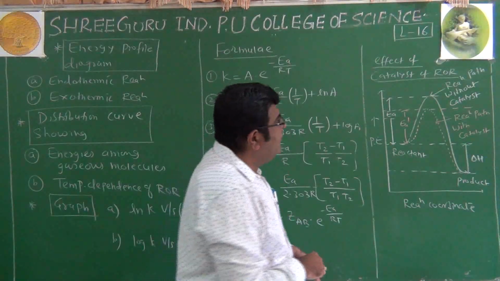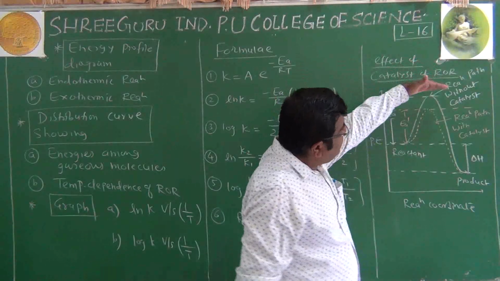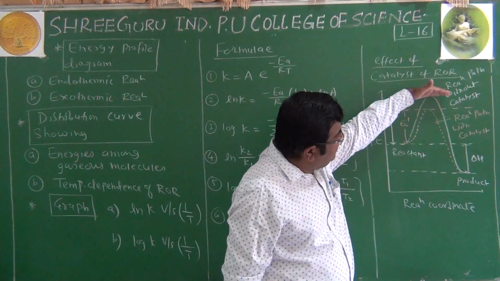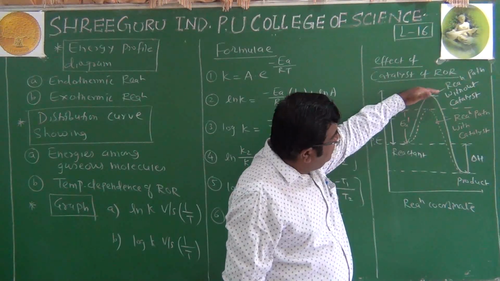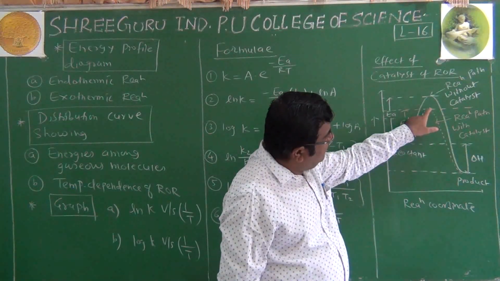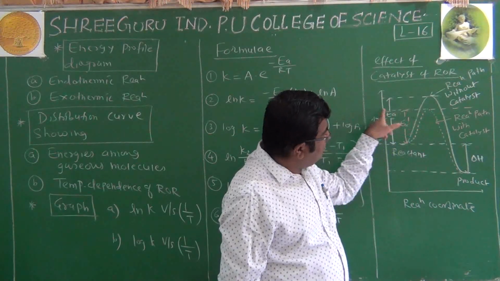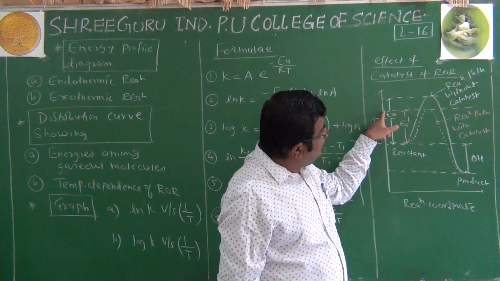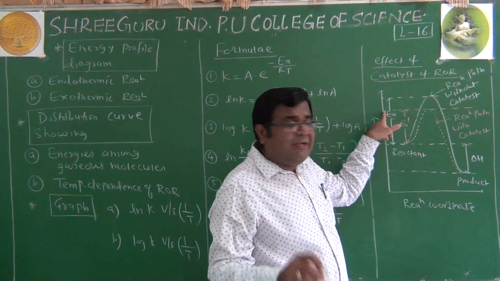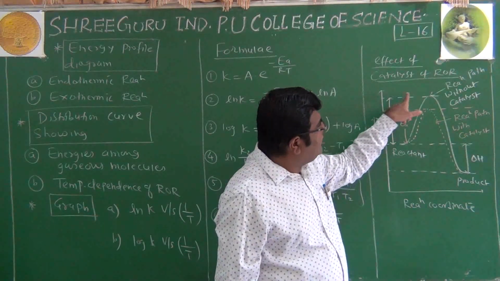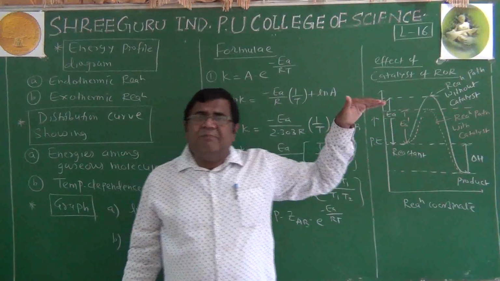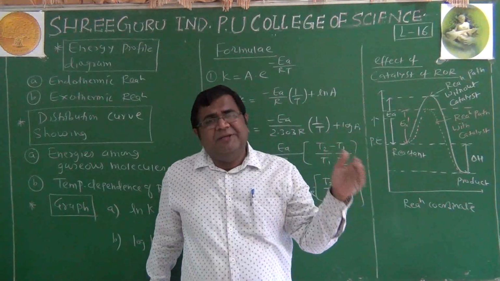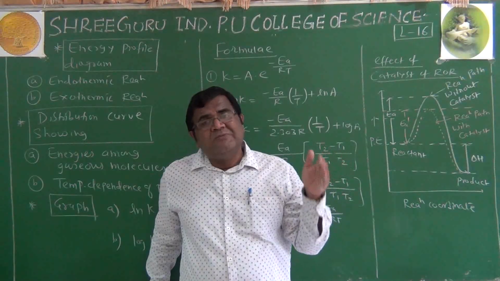For example, if this is the higher activation energy and this is the lower activation energy, those molecules which have energy this much, this part I am showing, are not eligible to enter into the activated complex if the activation energy was without catalyst. If passing marks are 50, then fewer students will pass.